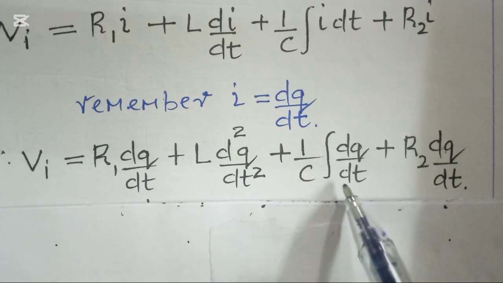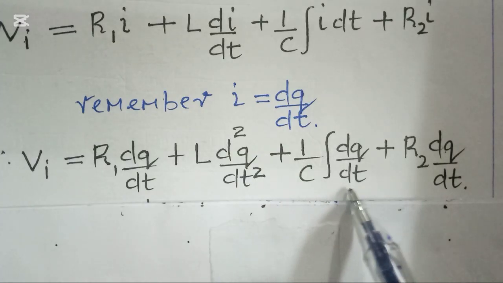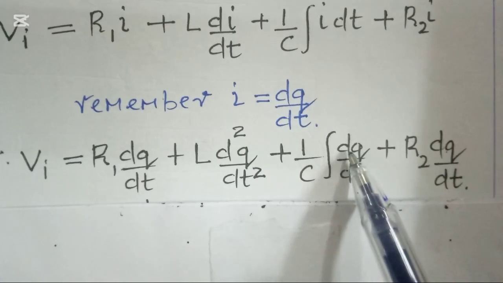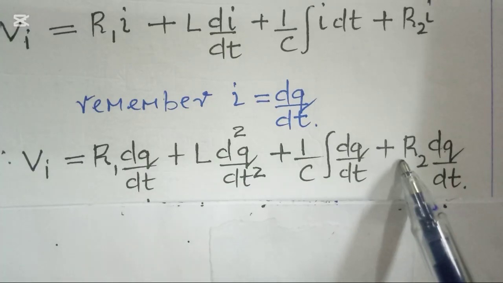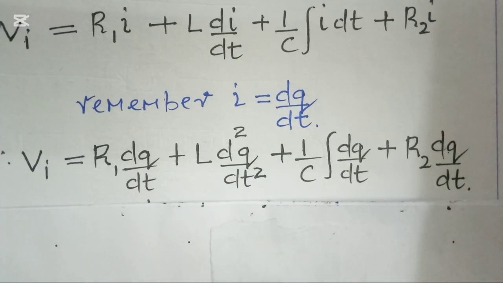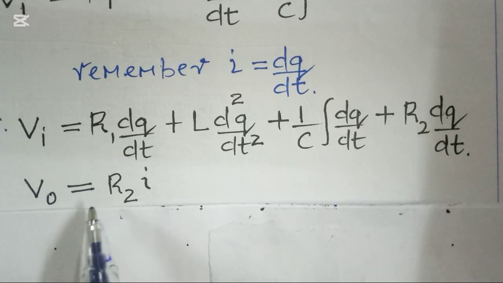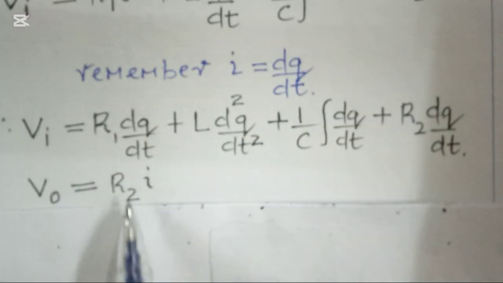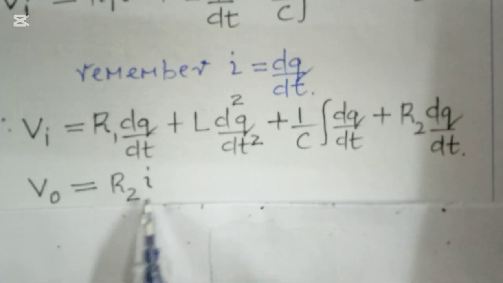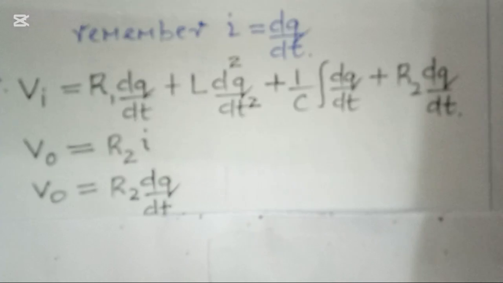If you integrate a differential term, this one now will become q, plus R2 dq over dt. Then for the V0, which is now the output, we have R2I. This is now dq dt yet again like that.